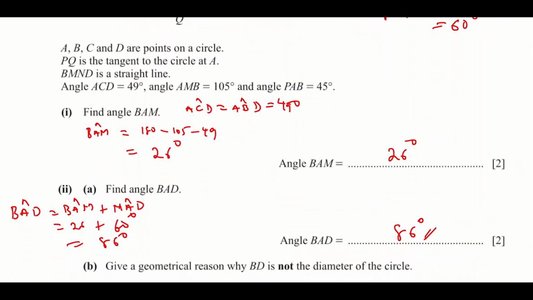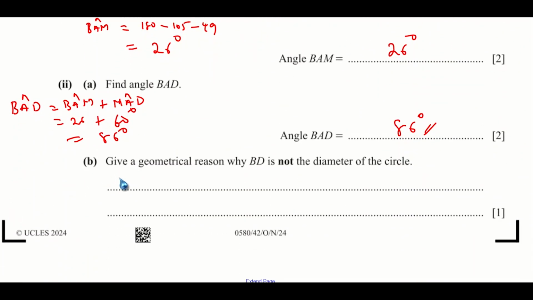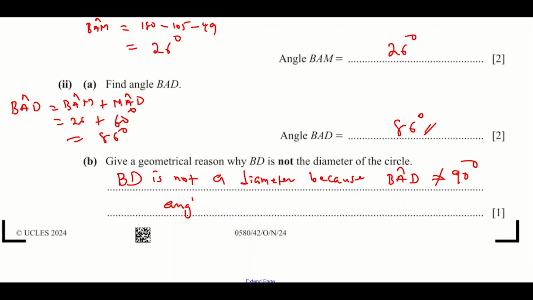So for that reason, since BD is not a diameter, angle BAD is not equal to 90 degrees, or you can just simply say angles in a semicircle.